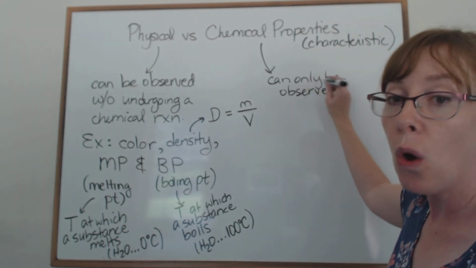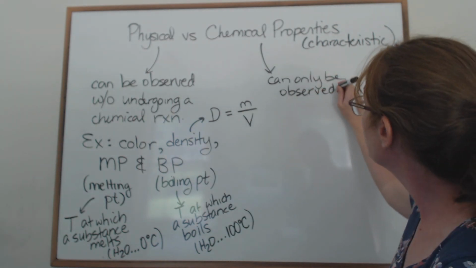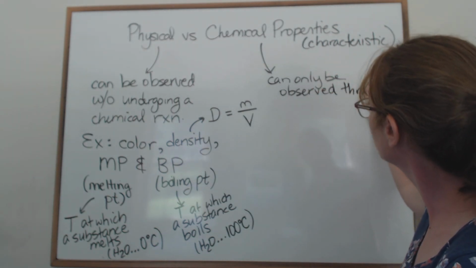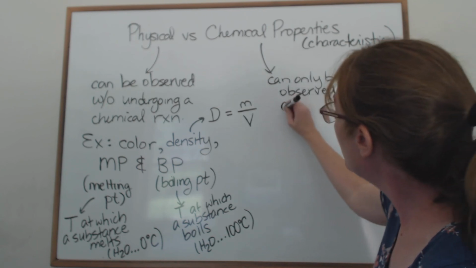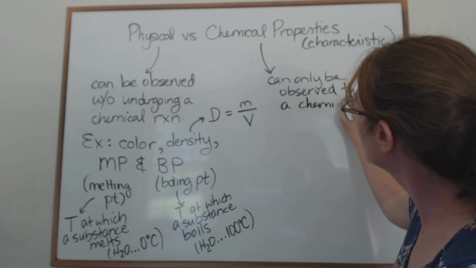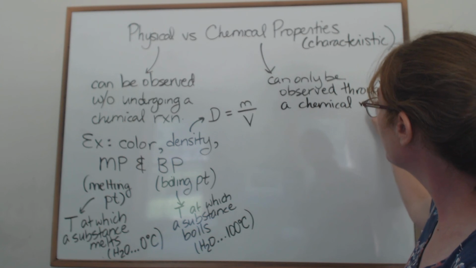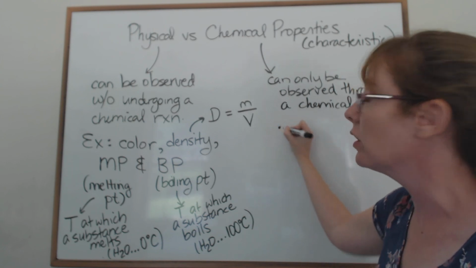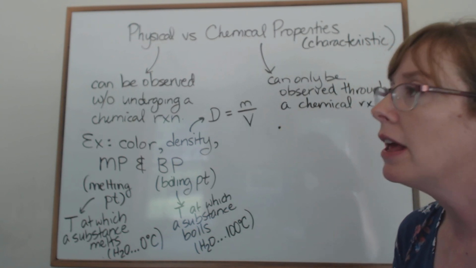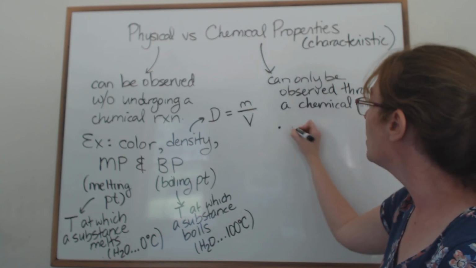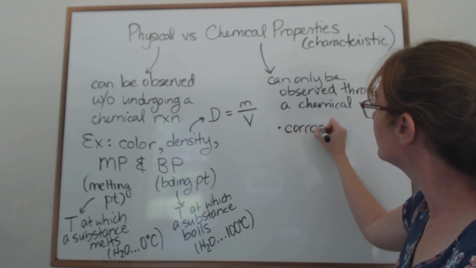Chemical properties can only be observed through a chemical reaction. So these properties reveal themselves only during the course of a chemical reaction. Examples: corrosiveness.